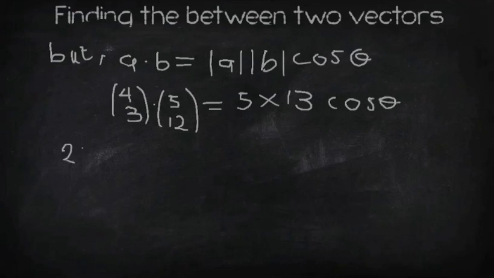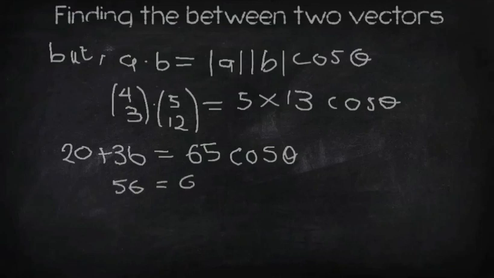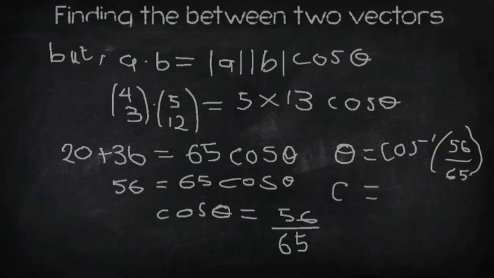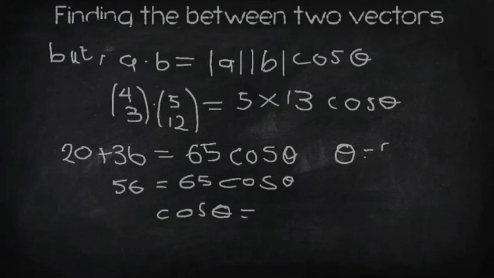That's what you are using here, so don't get confused. So 20 plus 36, which is 56, is equal to 65 cos theta. So cos theta is equal to 56 over 65, where theta is equal to cos inverse of 56 over 65. Our answer was 30.51 degrees. Understand? I believe you understand.